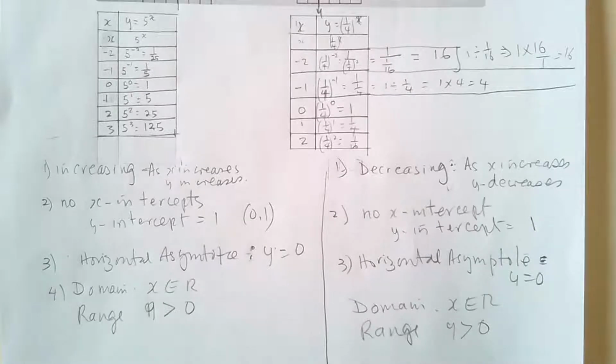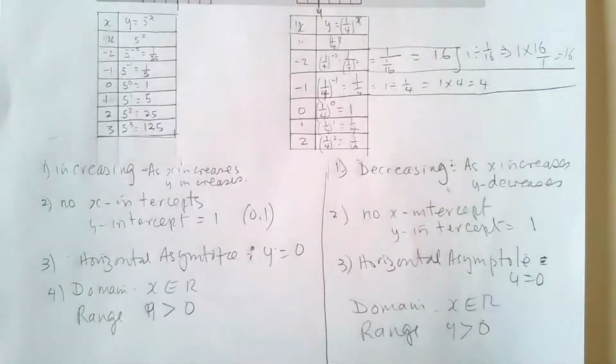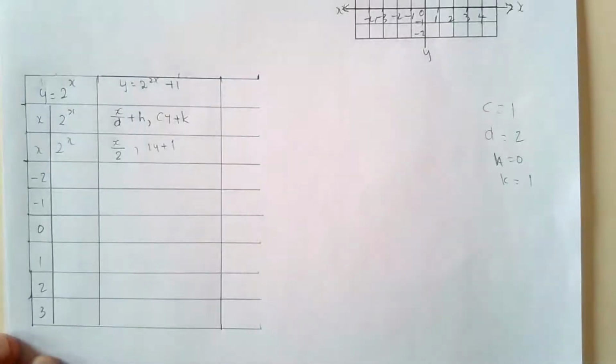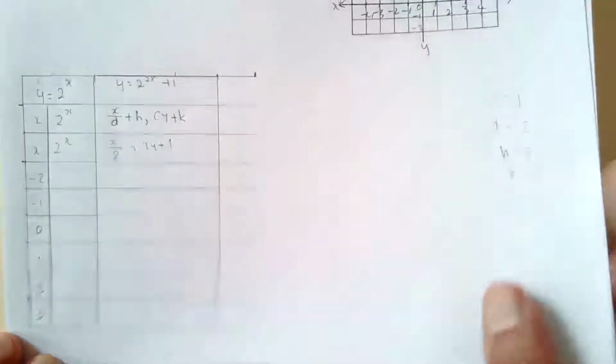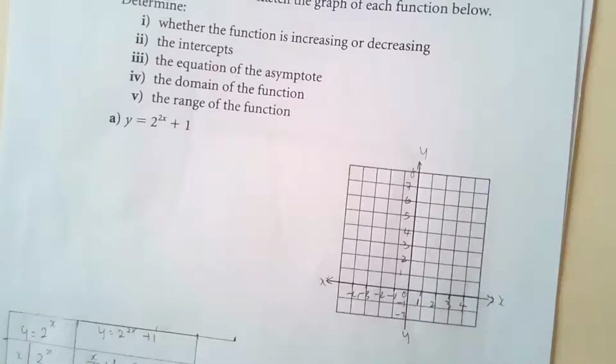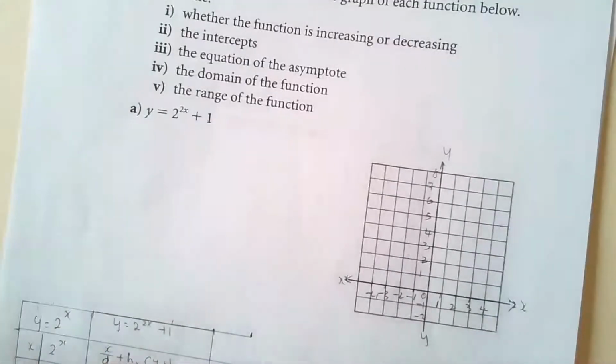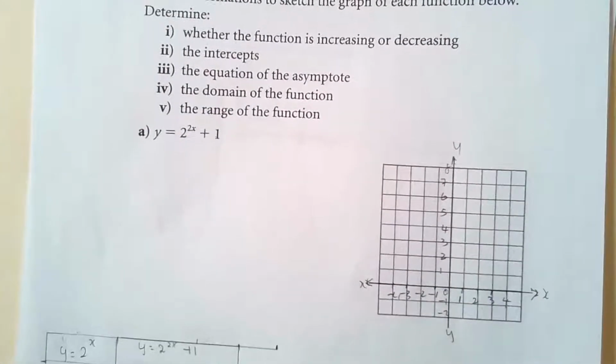So here we have our standard exponential graph. There's no transformation. I'll show you one where it's decreasing, the other one is increasing. Now let's look at a transformation graph. And this is question 10.